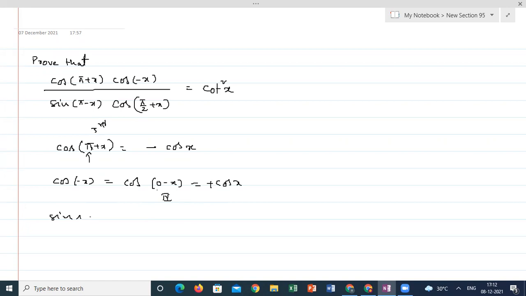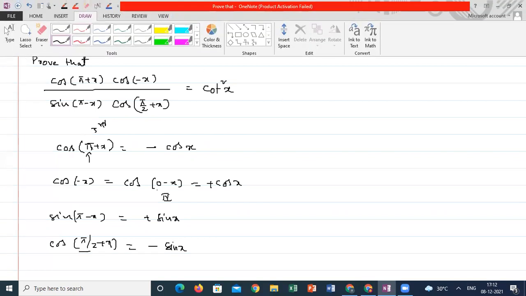Sin of pi minus x lies in the second quadrant. Pi will give the same ratio, so plus sin x. Cos of pi by 2 plus x is in the second quadrant. Cos is negative. Pi by 2 will give the complementary, that is minus sin x.